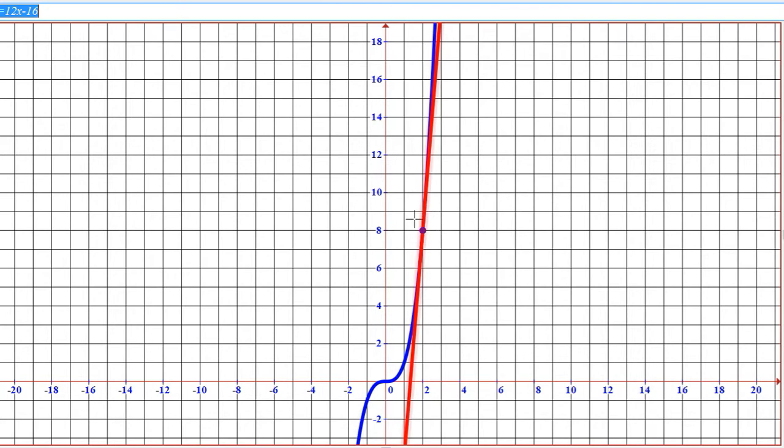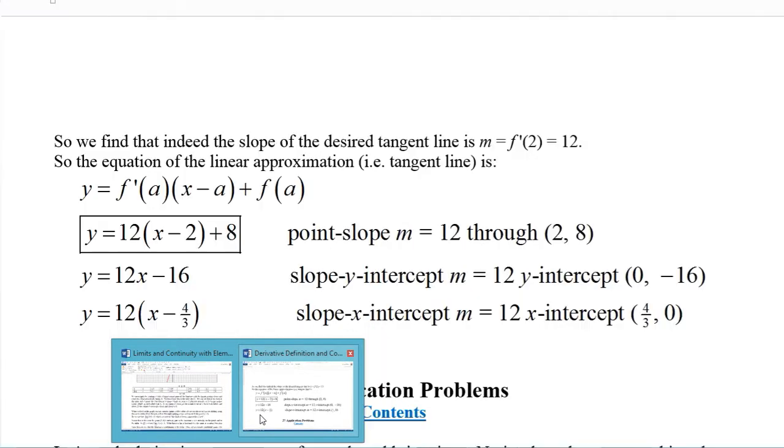But right here they're pretty close, and of course they're perfectly the same, only right there at that one point. Okay, so nearby, very close to that. So let me copy that, put it over here.